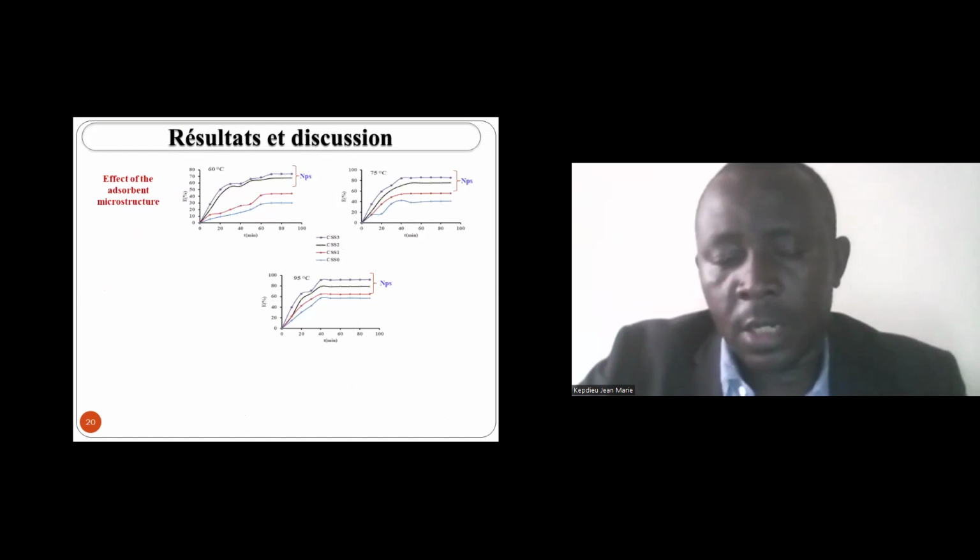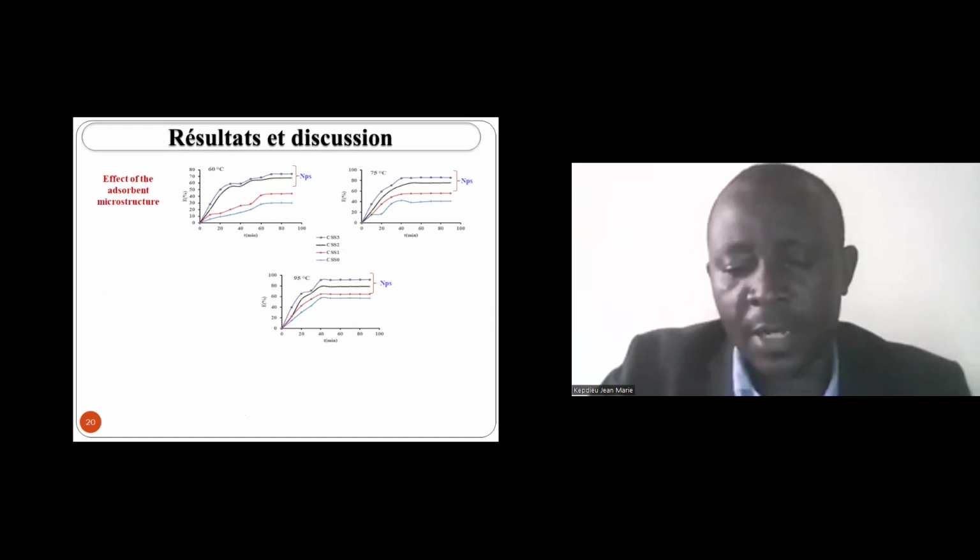We also saw the effect of the adsorbent microstructure on the bleaching process at 95 degrees and a contact time of 40 minutes.